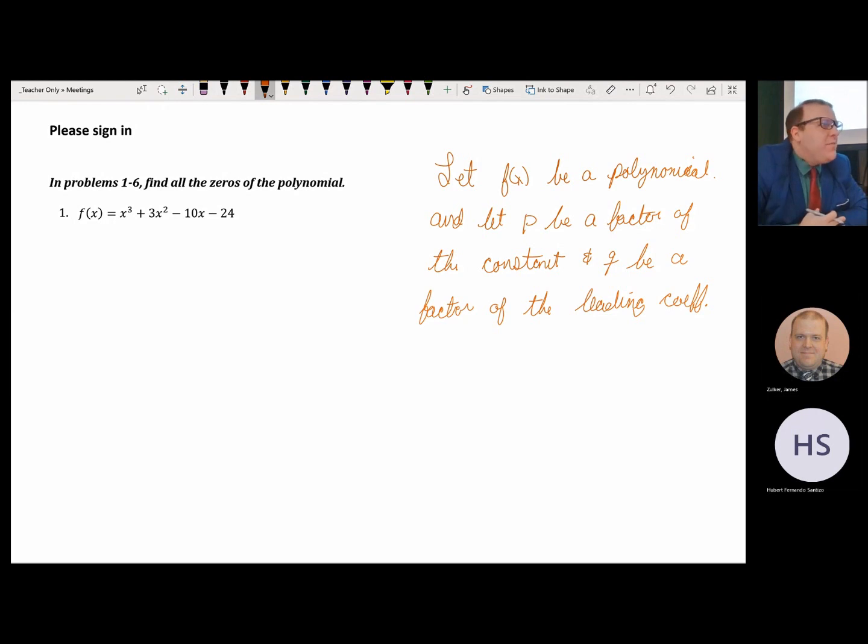We're given a polynomial function f of x. P is a factor of the constant term. Q is a factor of the leading coefficient.